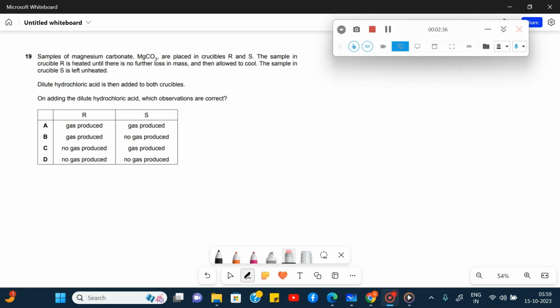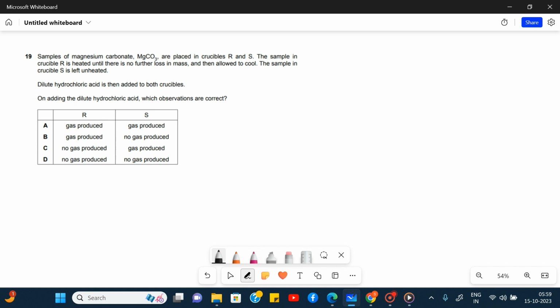Let's look at question number 19. It says samples of magnesium carbonate are placed in crucible R and S. So let's say we have taken two crucibles. One is R and another crucible S. In both the crucibles we have taken magnesium carbonate. Crucible R is heated.